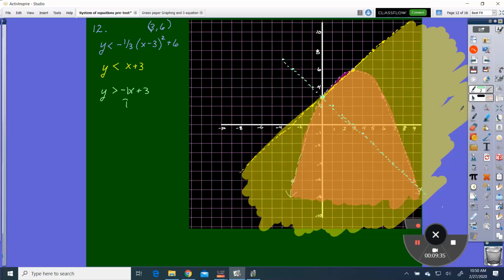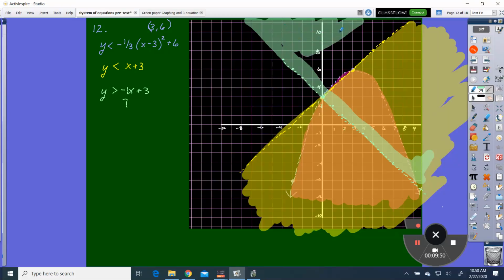Okay, and it says greater than. So it's shading everything that's greater than. There we go. So it's all of this area.